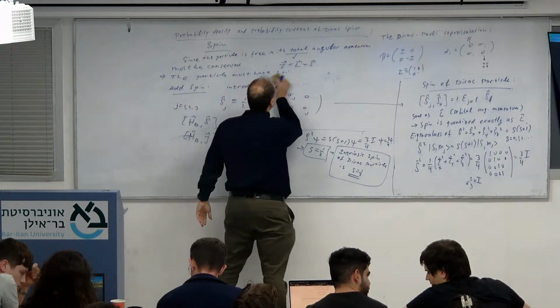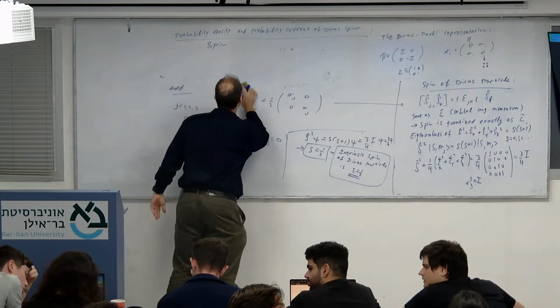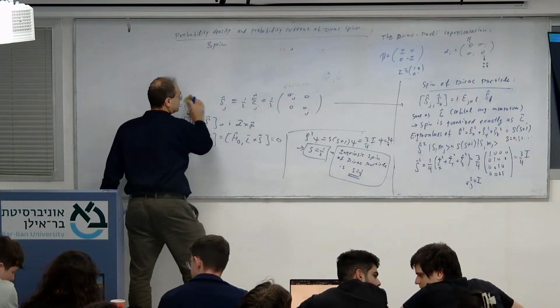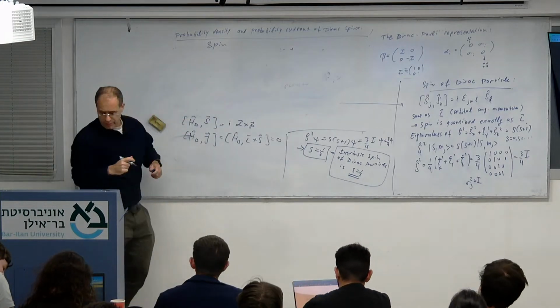When we write down the Dirac equation, how does the Dirac equation look?